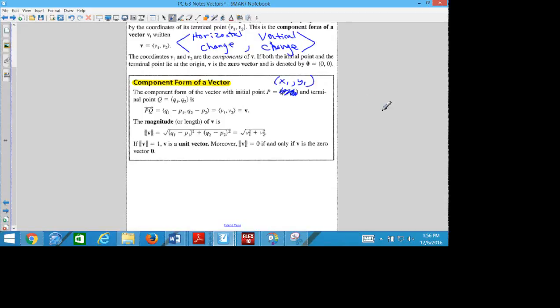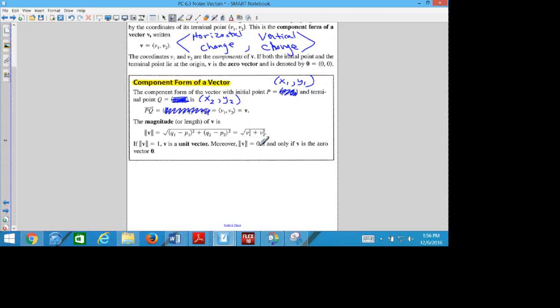So the initial point is just going to be the first X and the first Y. Then the terminal point Q, we're going to call that X2, Y2. They're just changing what they're calling it. We can call it whatever we want as long as we use it correctly in the math.